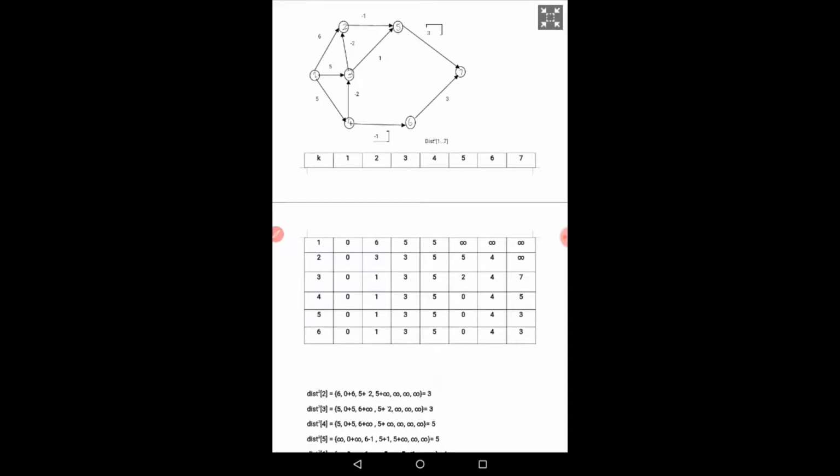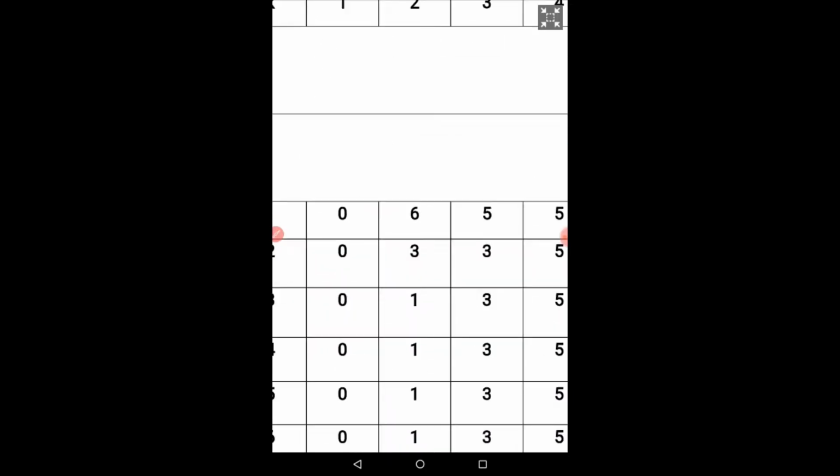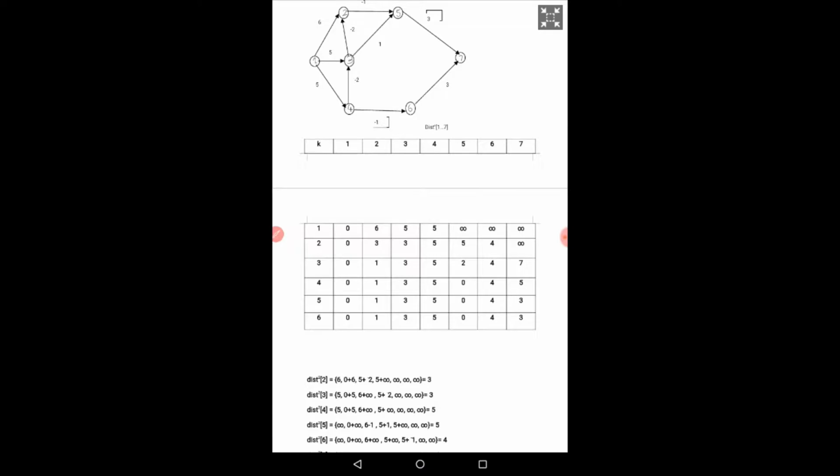Then 4 is over. Next I will take from 5. What is the previous value here? It is infinity. I am filling this row. So the previous value of the node 5 is infinity. So this value infinity means the total value, even if we add anything, will be infinity.